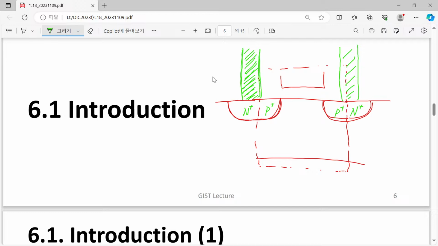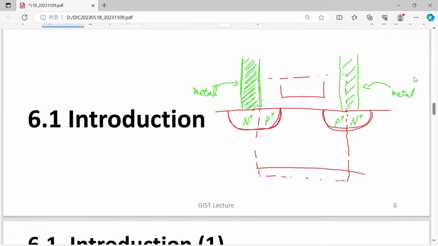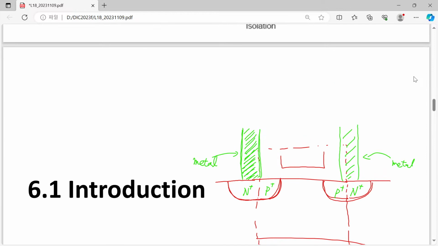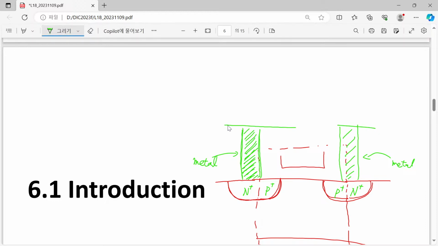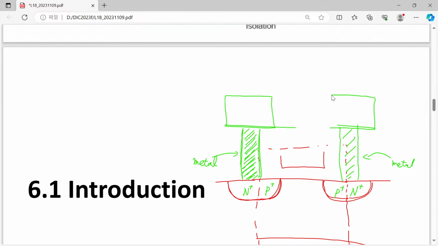And here we have a certain tower of metal. And here we have another tower of metal. And what we have in this case, beyond a certain level, here and there, we have a certain layer of metal.